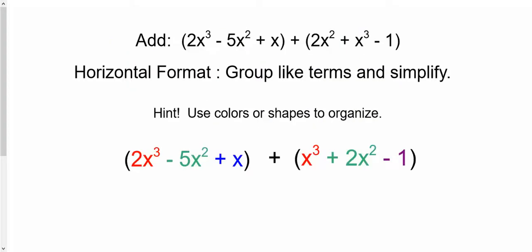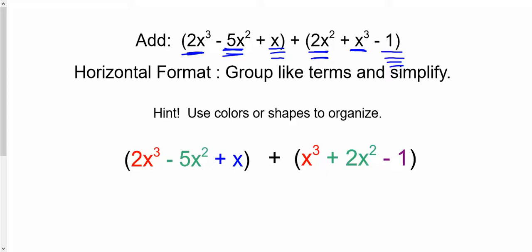And then the other method, you can use colors or shapes, or underline. This is what I like to do. Put the x cubeds together, and then do the same for the x squareds, and then this one's by itself, and the constant term is by itself, and then just combine like terms.